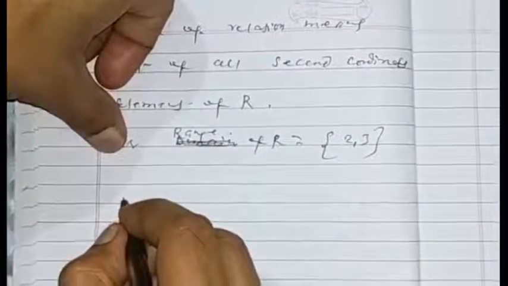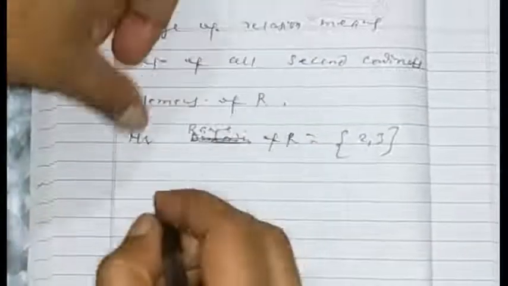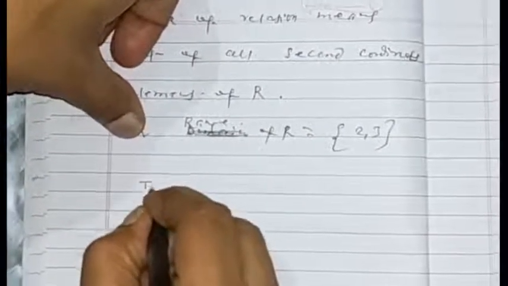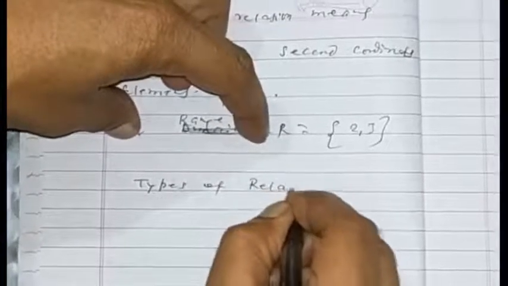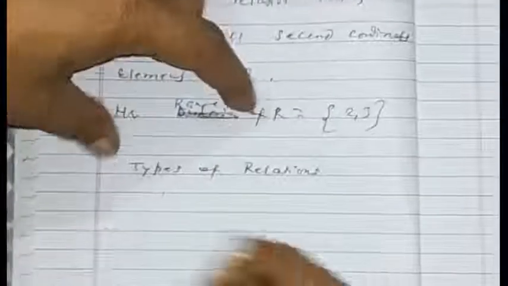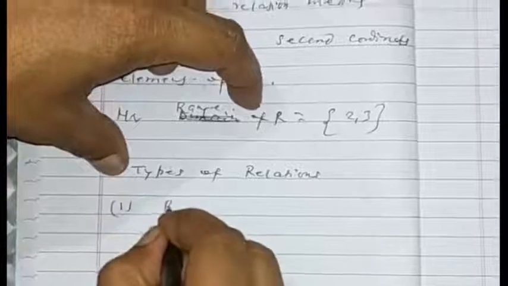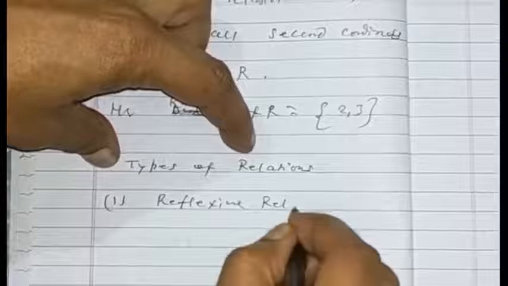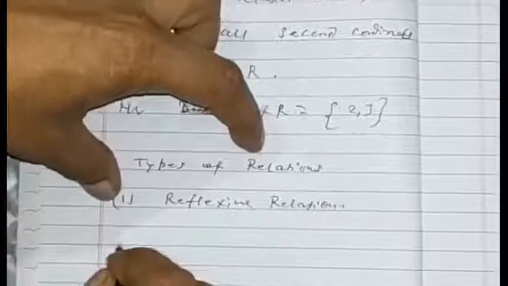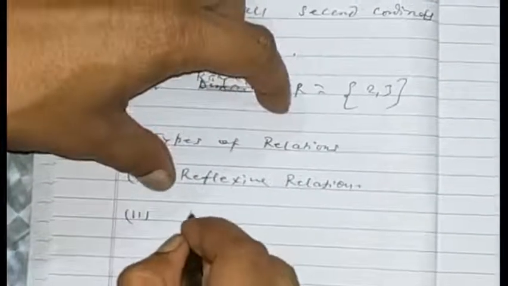Another, we consider types of relations. Number 1, reflexive relation. Next, symmetric relation.